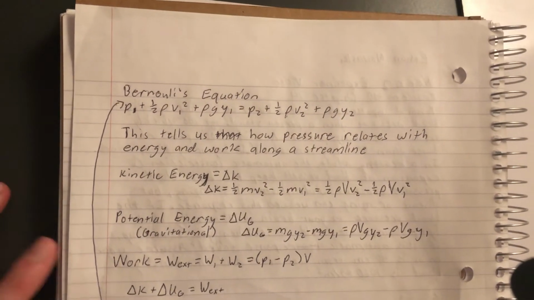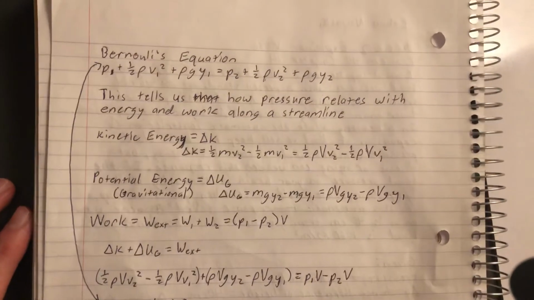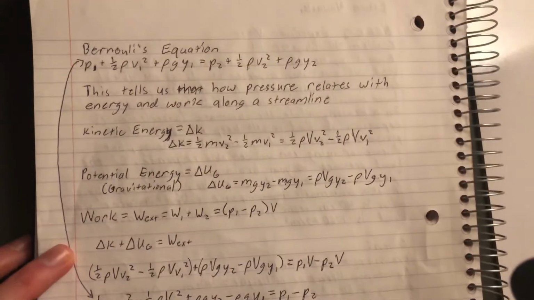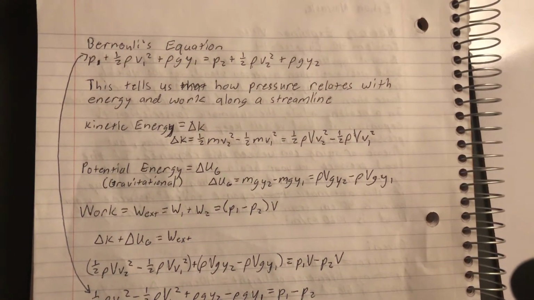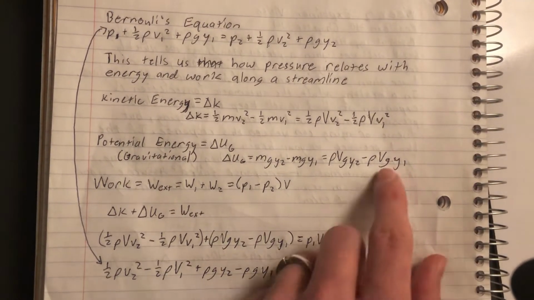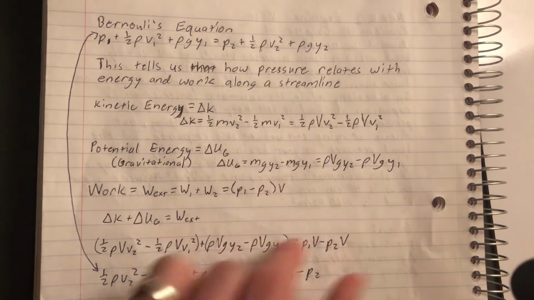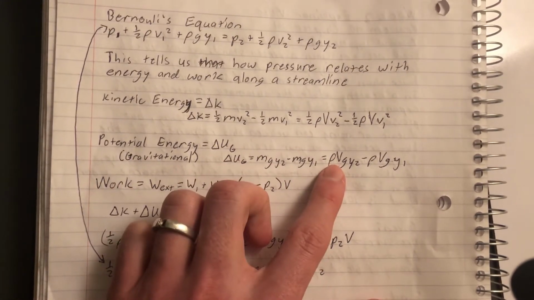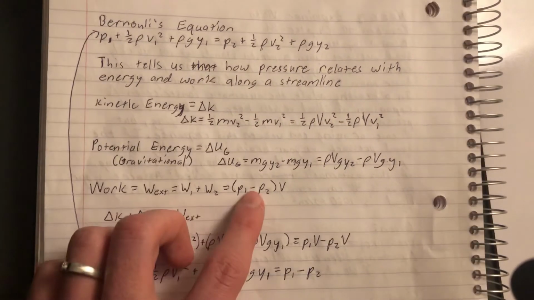Now, Bernoulli's equation is a very important part of fluid dynamics, and it describes the relationship between energy, work, and pressure. We can know this by what it's made up of, which is our kinetic energy in fluid, our gravitational potential energy in fluid, and then our work in fluid.